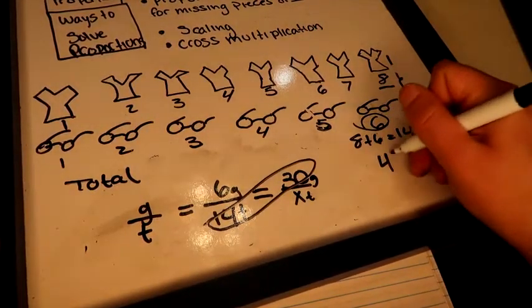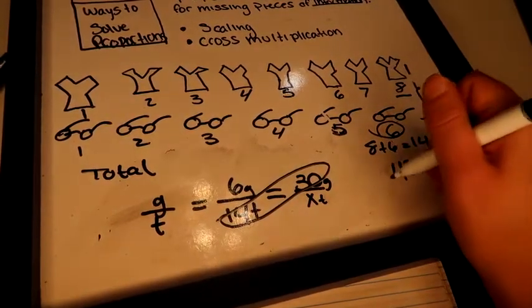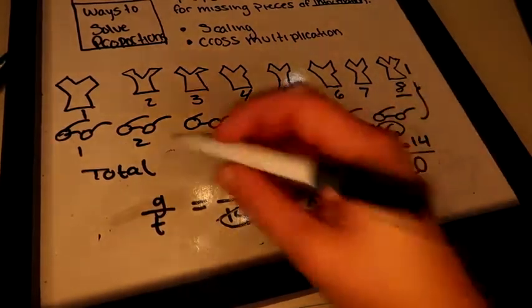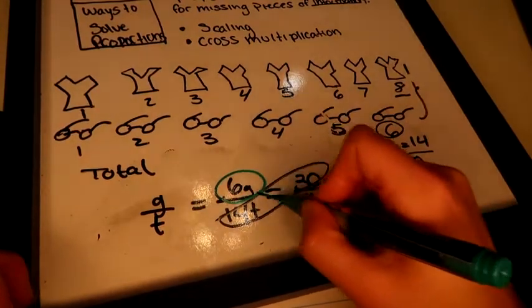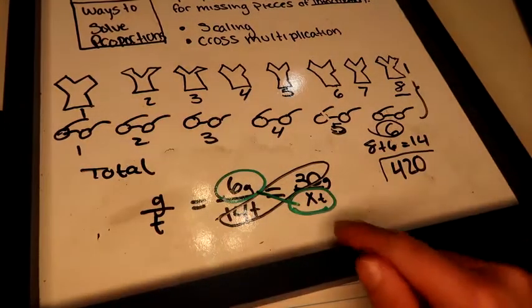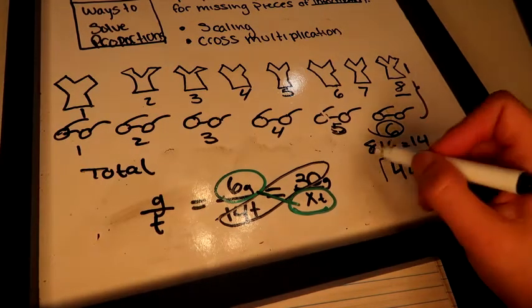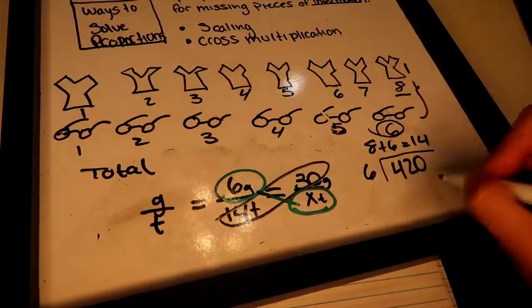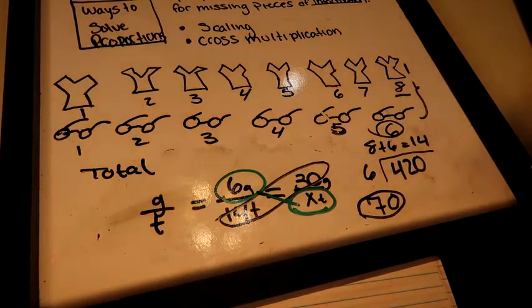See, there I go again using the "and." Okay, sorry, my camera died there for a second. So it's 420 divided by, and we're going to divide by the number that is crossed from the variable. So 420 divided by 6 equals, 6 can go into 420, 70 times.